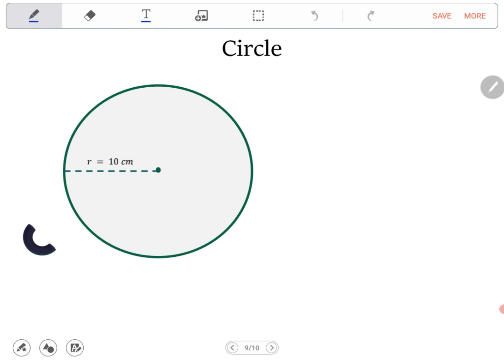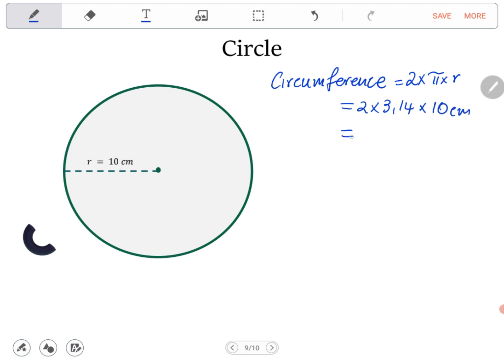If we're given the radius, we notice that our circumference uses the radius instead of the diameter, so we take it as it is and say it will be 2 times pi times the radius, and in this case it will be 2 times 3,14 times the radius of 10 centimeters, and so the final answer becomes 62,8 centimeters.